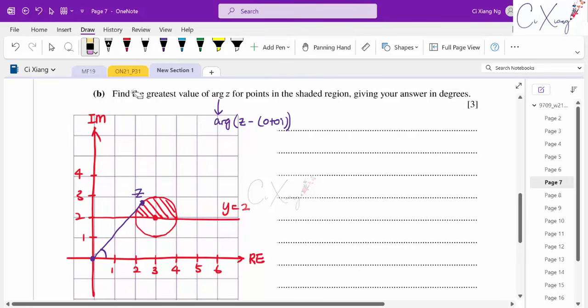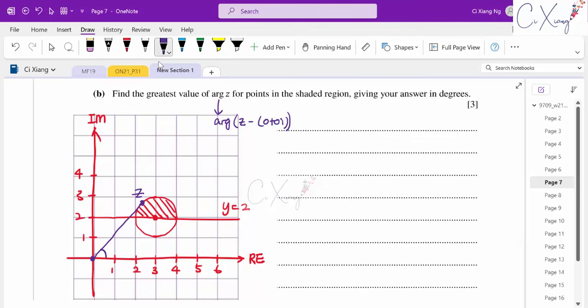Now, how do we find this particular argument? You need to use some property of circles or triangles that you learned earlier. I'm connecting Z with the center of the circle.